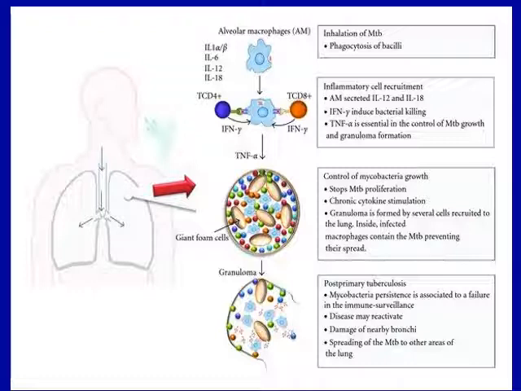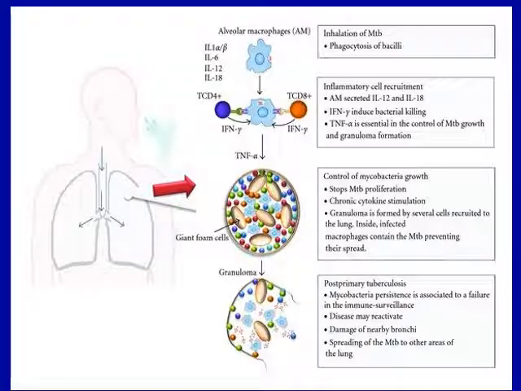Tumor necrosis factor alpha is essential to control mycobacterial growth and granuloma formation. So the macrophage, by secretion of interleukins, also stimulates the lymphocyte. This lymphocyte secretes interferon gamma and also tumor necrosis factor.